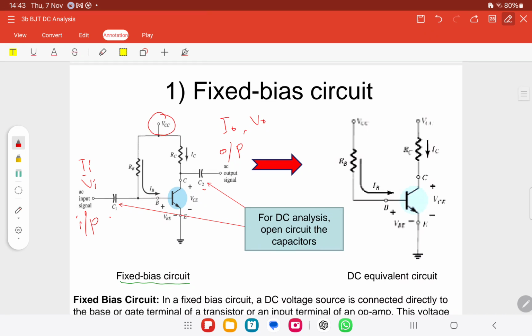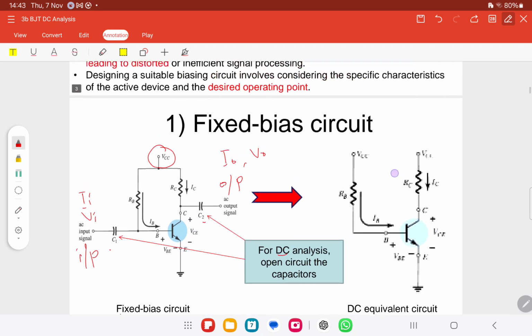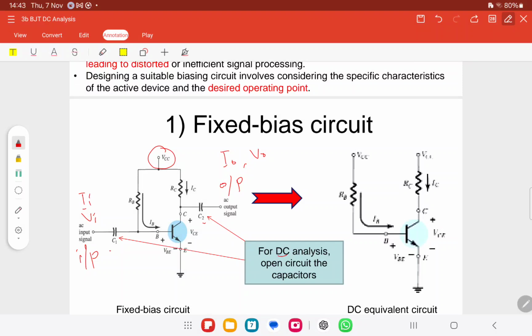And then if we want to do the DC analysis, DC is what we need to calculate. What are the parameters we need to calculate if we relate to the BJT? IB, IE, IC, VB, VE, VC.